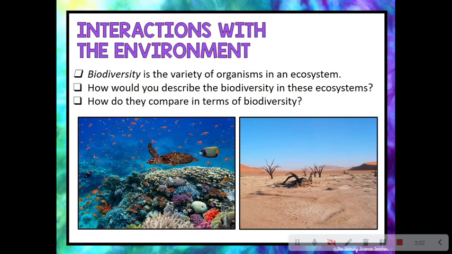There are also different interactions within the environment. Biodiversity is the variety of organisms in an ecosystem. How could you describe the biodiversity in these two ecosystems, and how do they compare in terms of biodiversity?